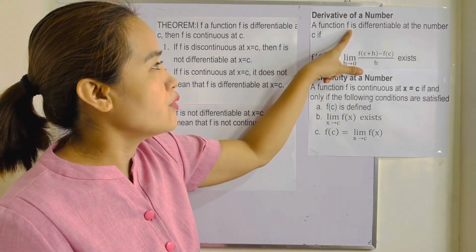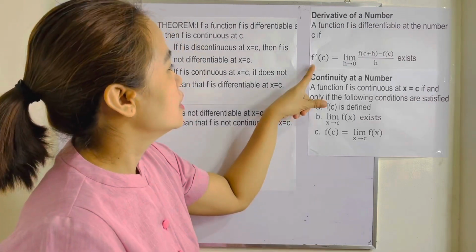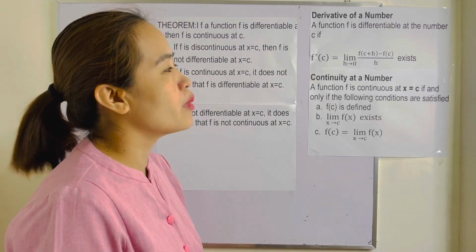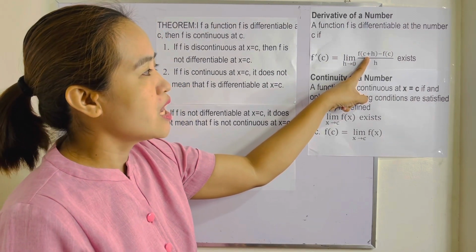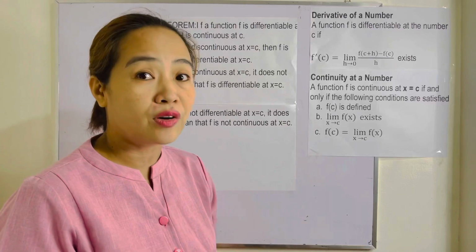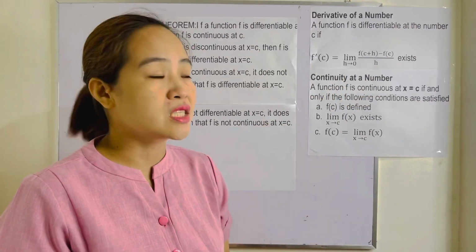Derivative of a function at a given number. A function f is differentiable at the number c if f prime of c is equal to the limit of f of c plus h minus f of c divided by h as h approaches 0 exists.